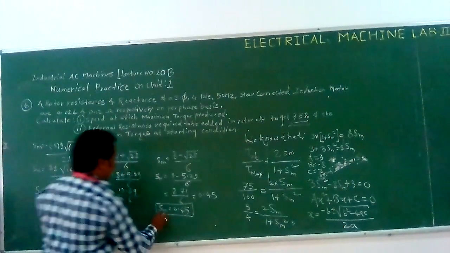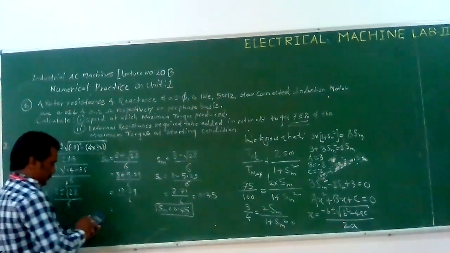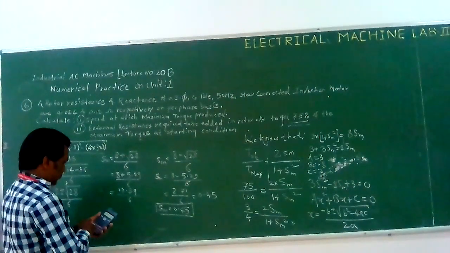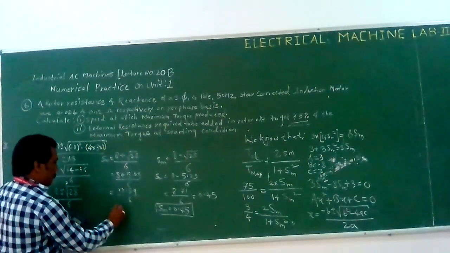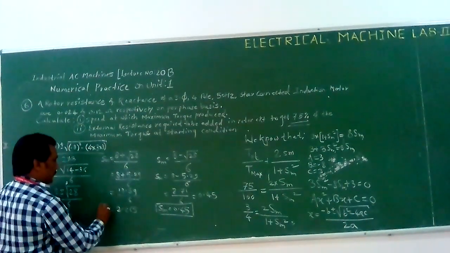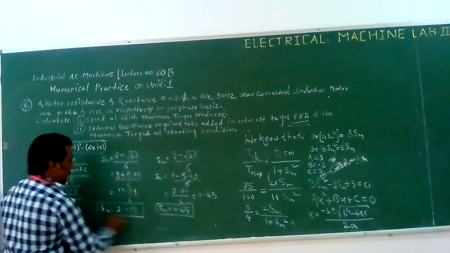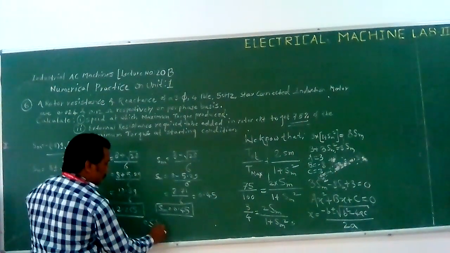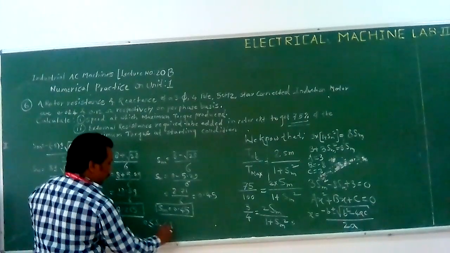The first root is given, and here 13.29 divided by 6 is 2.265 for Sm. But we know that the slip of an induction motor always lies between 0 and 1.